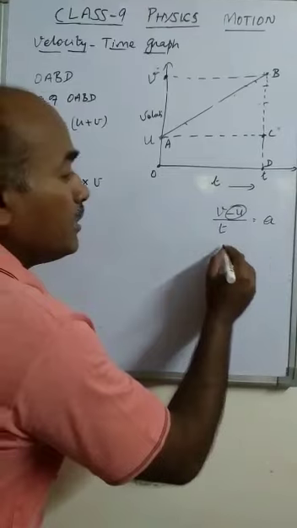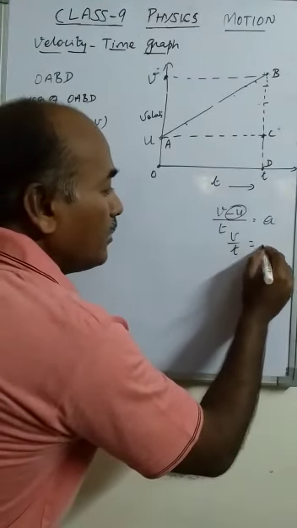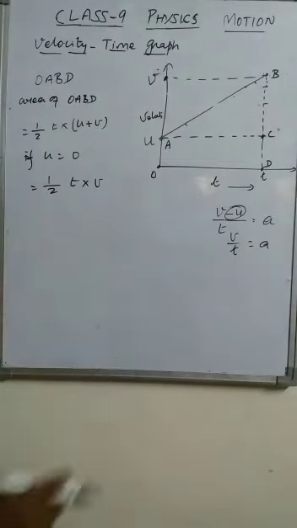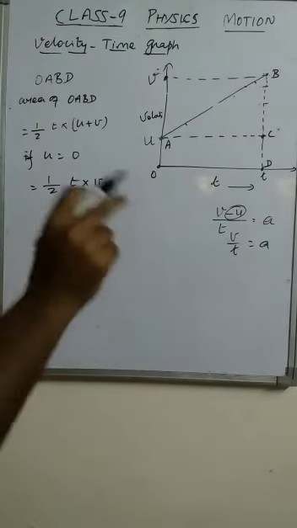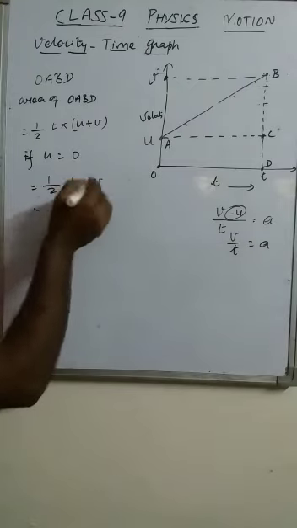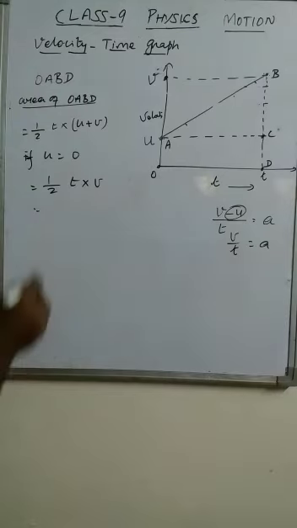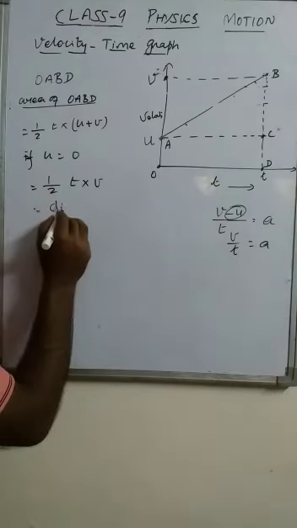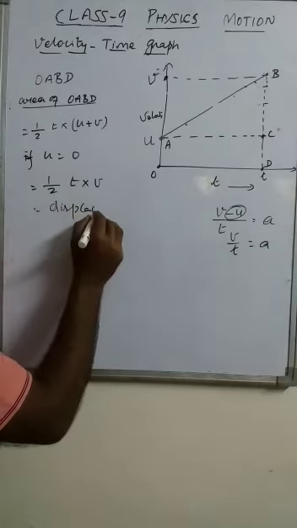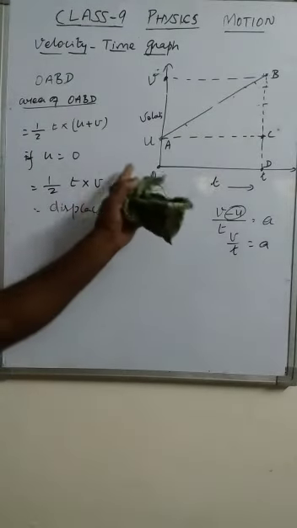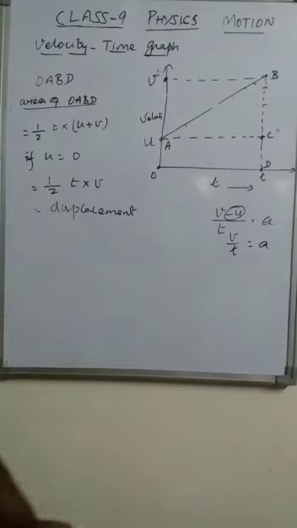Initially if it is 0, then we get v upon t equal to acceleration. That is velocity upon time is acceleration, but velocity into time is the displacement. So by finding the area of this figure, we are getting the displacement covered by the object from one time to another time.